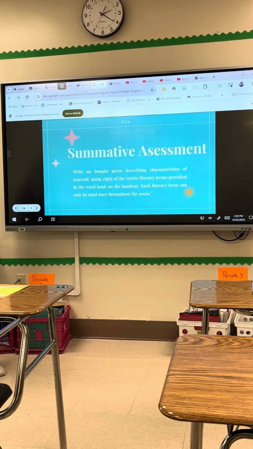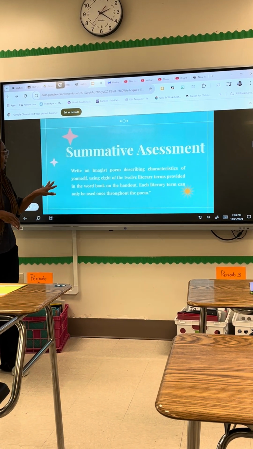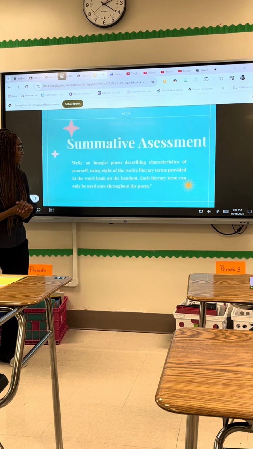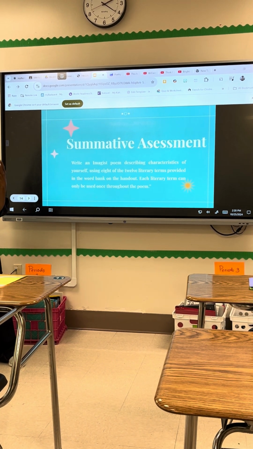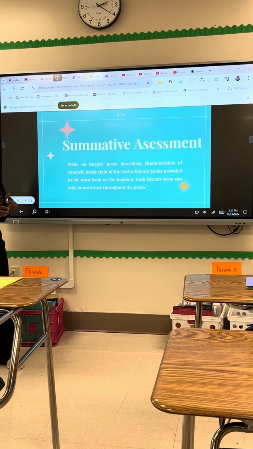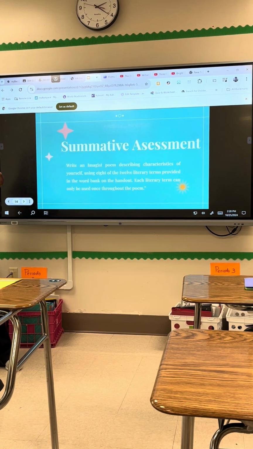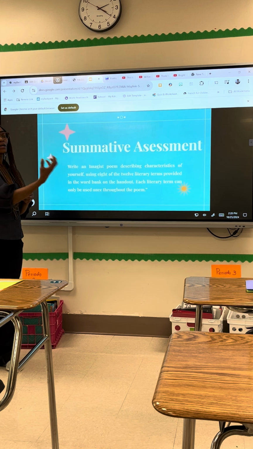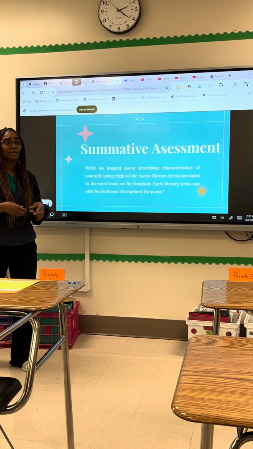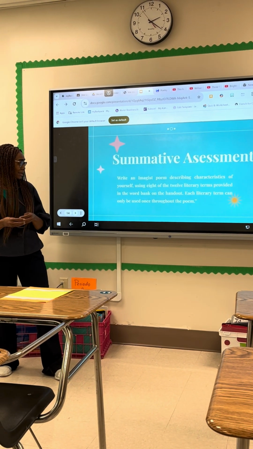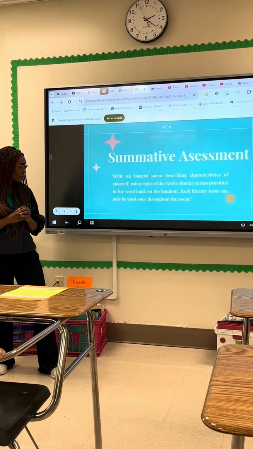So what I want you to do here is write an Imagist poem describing characteristics of yourself using 8 of the 12 literary terms that we have looked at. You guys have gone onto the mind mapping and you've researched a few of those things. Well, those terms are also in a word bank for you.